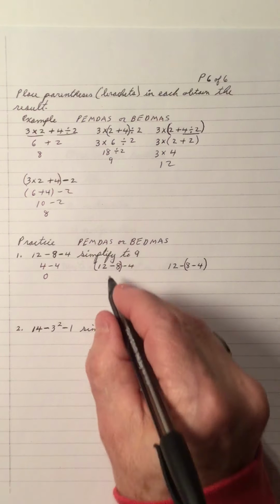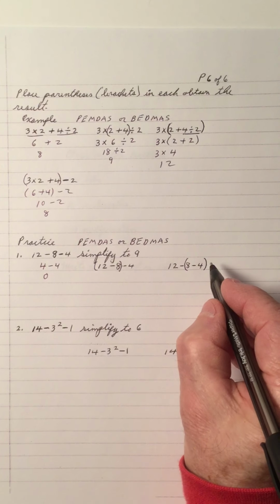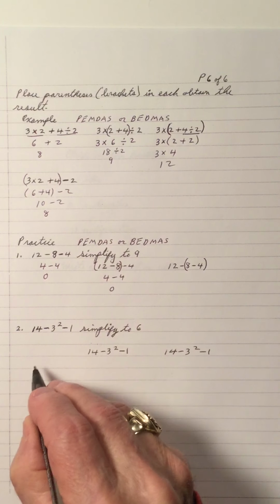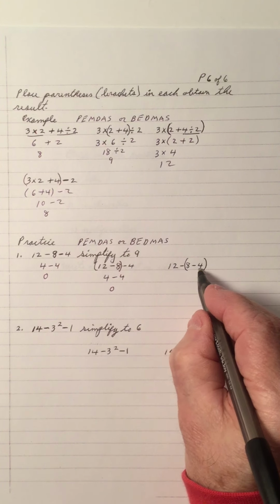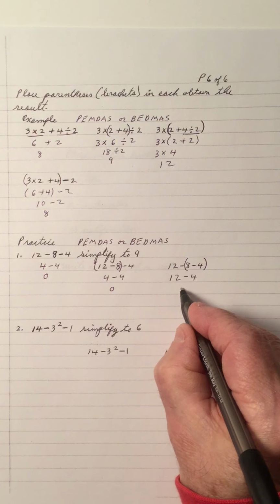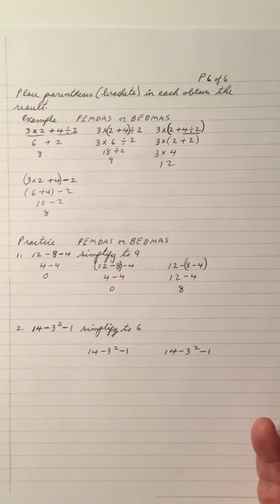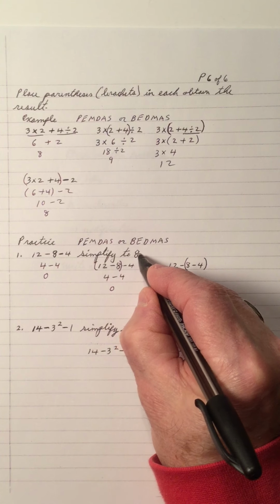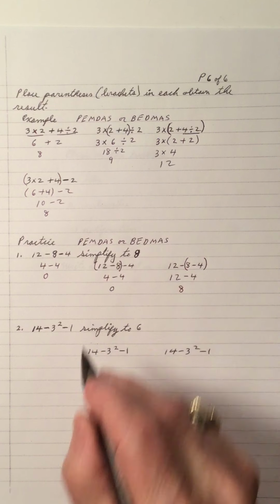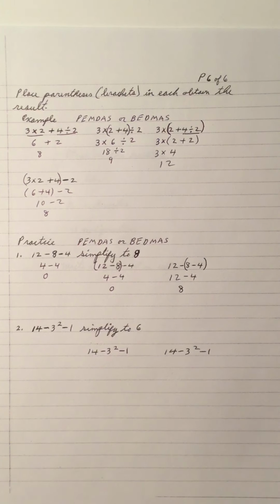So I get 0. But if I put the brackets here, what happens? I get 4 minus 4, and there's no difference. But if I put the brackets on the 8 and the 4, I do that first, I get a 4, and then I get an 8. And nowhere did I get a 9, so I forgot to put a loop on my number to get the 8. Sorry about that. A little tiny error. Sometimes when you check, being human, we do make a little error.